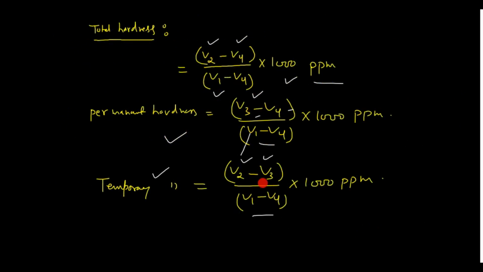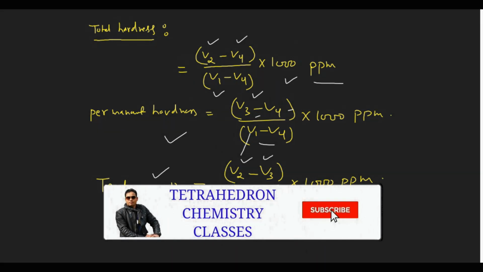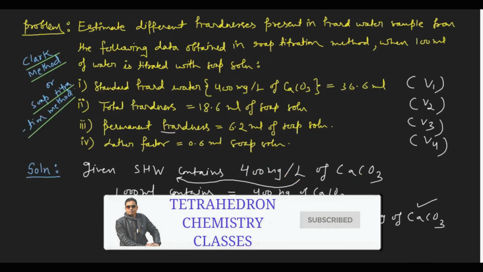These are of no use if you don't know how to convert your soap solution into the calcium carbonate equivalent. So this was the general idea about the derivations involved in the soap titration method, but these are hardly of any importance if you do the numerical problem. So my advice is that you need to go systematically and conceptually to solve the numerical problem, right? I hope this is clear to you.